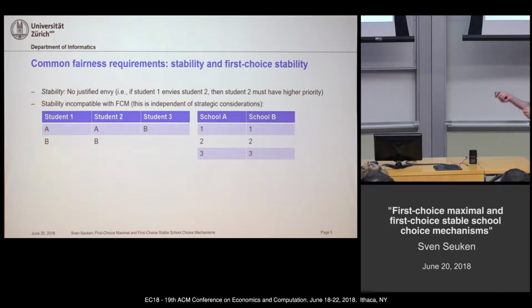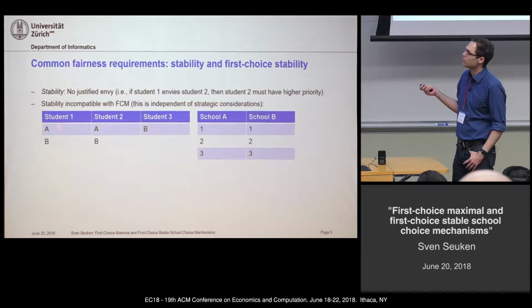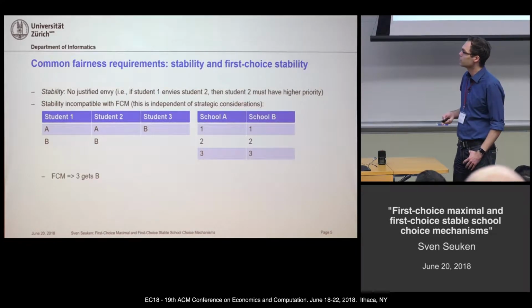Stability, unfortunately, is incompatible with first choice maximality. This is independent of any kind of strategic considerations. Here's a simple but instructive example. We have 3 students, 1, 2, 3, with these preference orders: students 1 and 2 prefer A over B, and student 3 just wants into B or nothing. We have 2 schools with 1 seat each that have the same priority order over the 3 students.